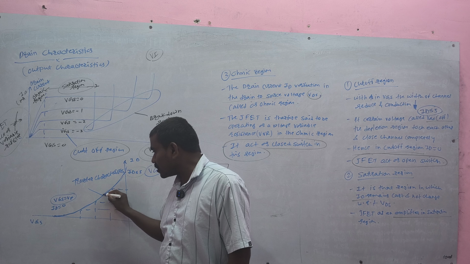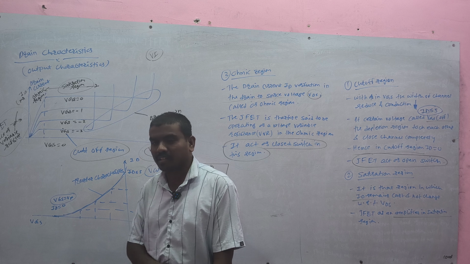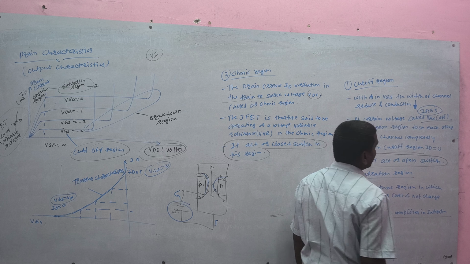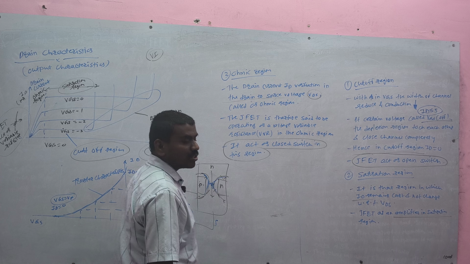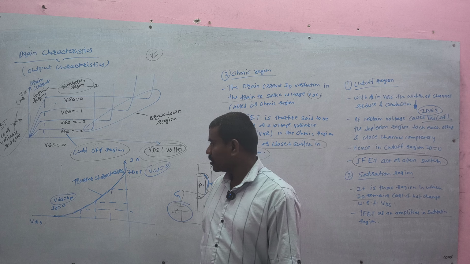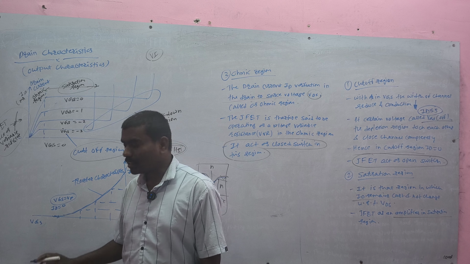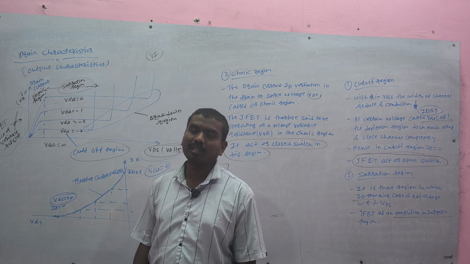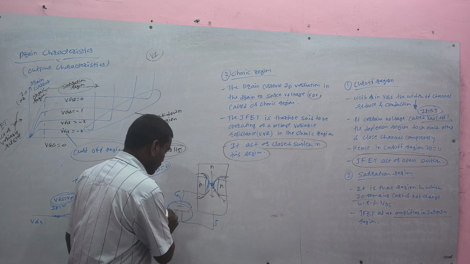At a certain voltage, these regions touch each other and ID is equal to 0. That voltage is known as VP, the peak voltage of the gate to source supply.